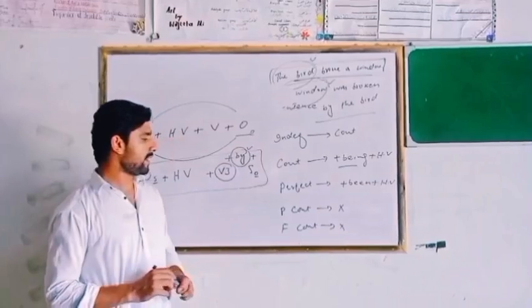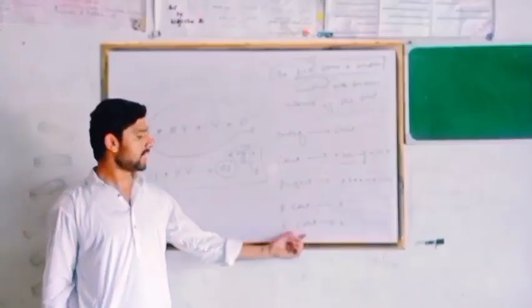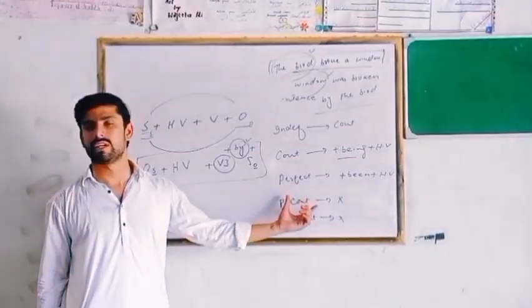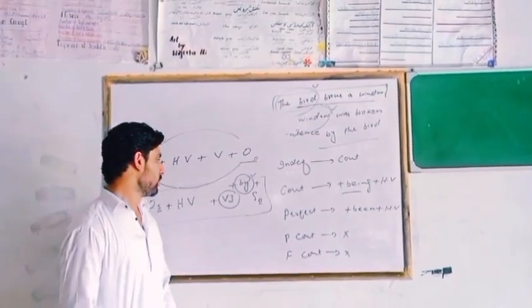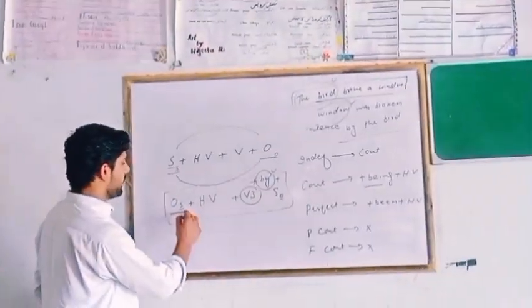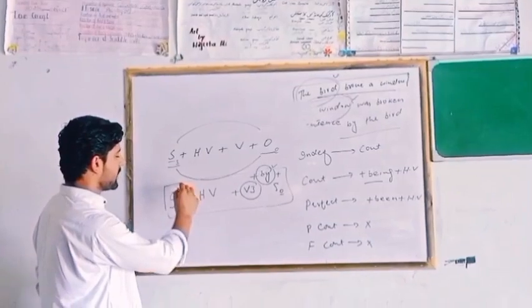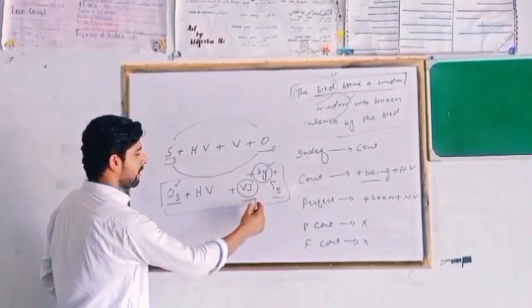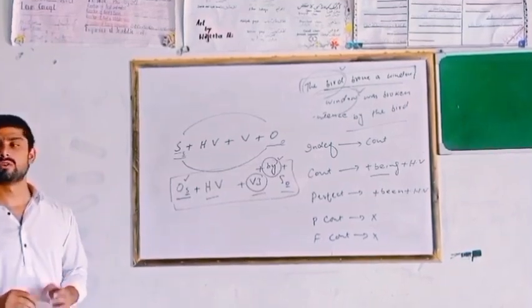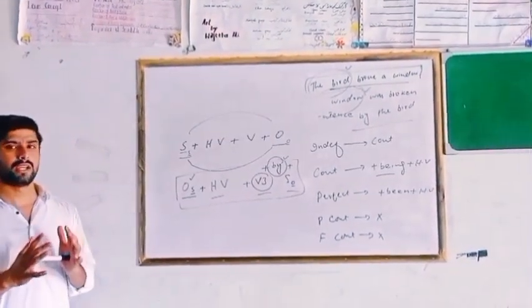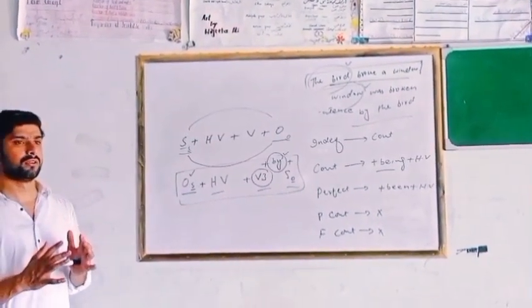And if our helping verb is from perfect continuous or from future continuous, there is going to be no change. Understand? So, the problem of object and subject is cleared, verb is cleared, and helping verb is cleared through this structure. We are going to make the real change in the active sentence into passive sentence.